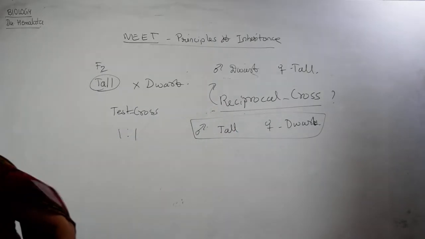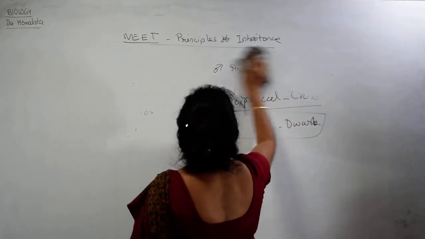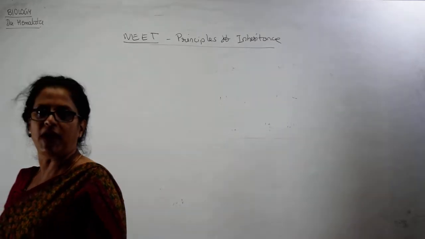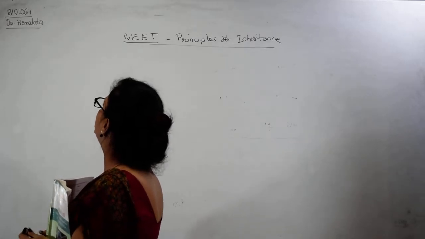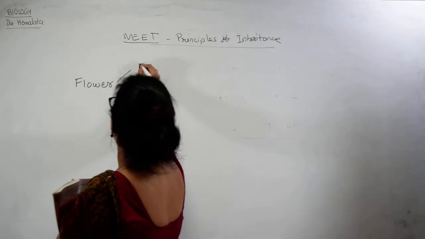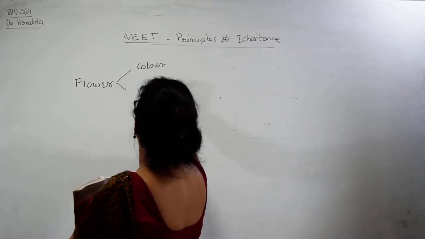So what are the characters studied? Let us list all the 7 characters studied by Mendel. They said flower. We studied 2 characters of flower. First he studied the color of the flower. Second he studied the position of the flower bud.